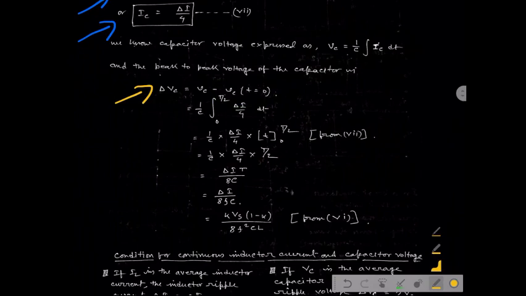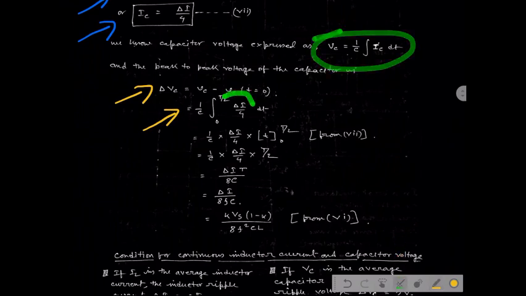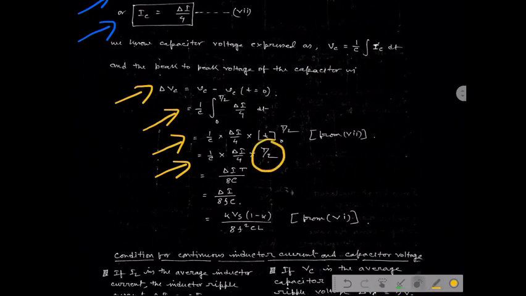After integrating, as we know, del V equal to 1 by C integrating from 0 to T by 2 of IC, and we have taken the value of IC over here, that is del I by 4. After simplification we get 1 by C into del I by 4 into the integral from 0 to T by 2, and integrating this part we get T by 2.